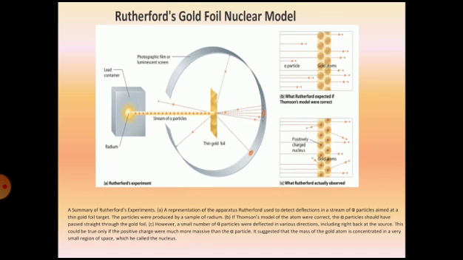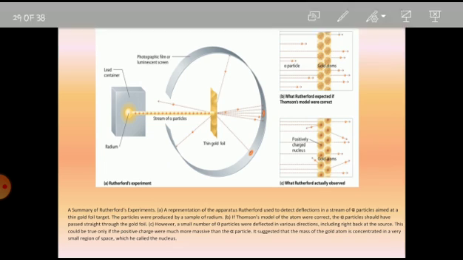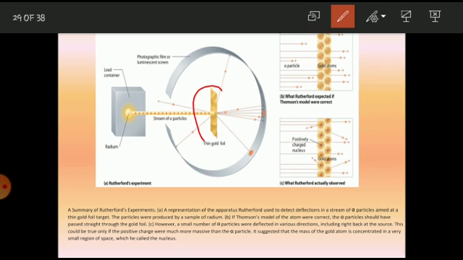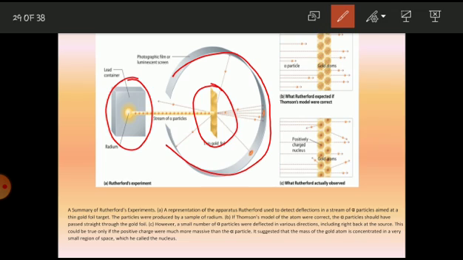First of all, to carry out the Rutherford gold leaf experiment, we should have a gold thin foil, and also a fluorescent screen or zinc sulfide screen. We should have a lead container, and in that lead container we should have radium, which emits alpha particles.